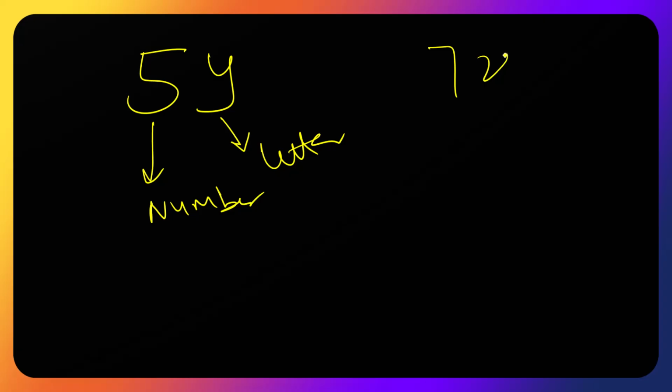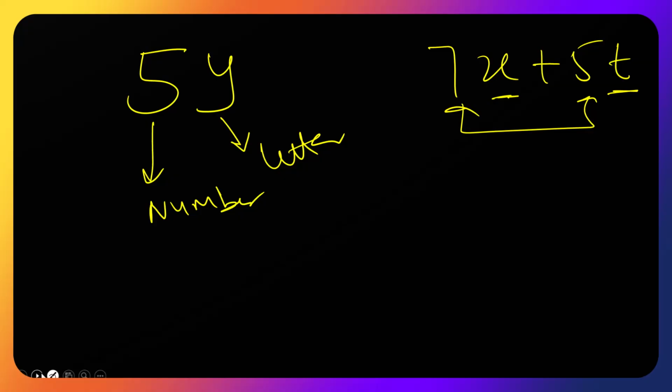So we have this one as the letter and this one is the number, okay? So we can have so many examples. Now, 7x plus 5t, okay? So we have letters and we have numbers. So that is what is meant by algebraic expression.